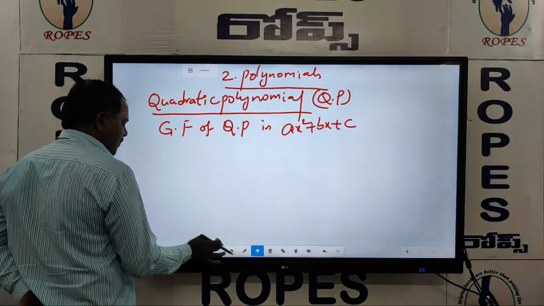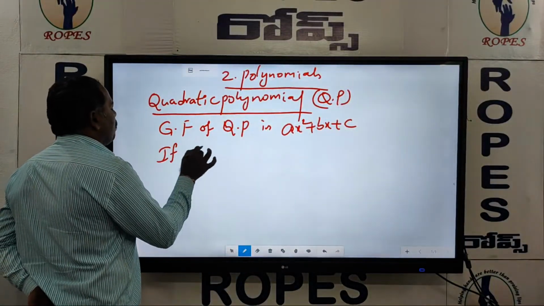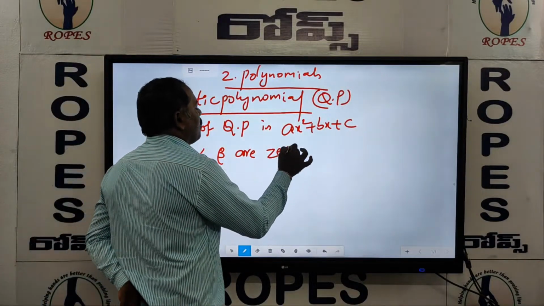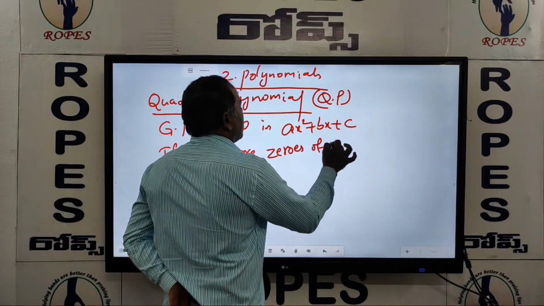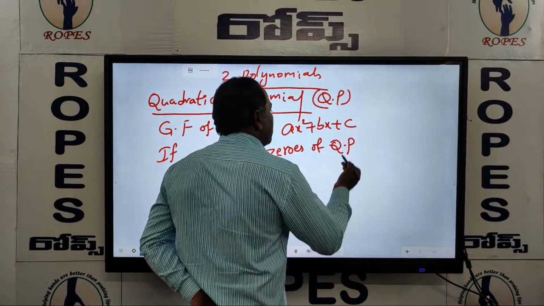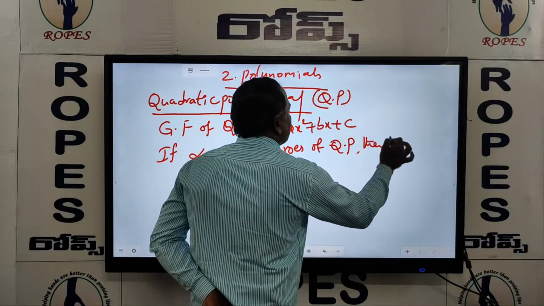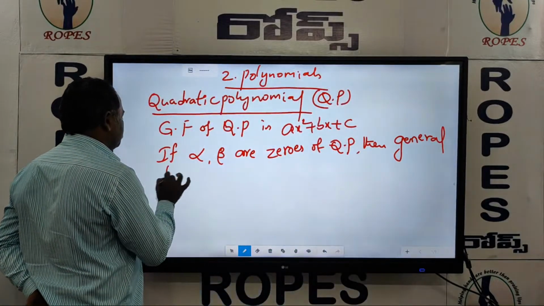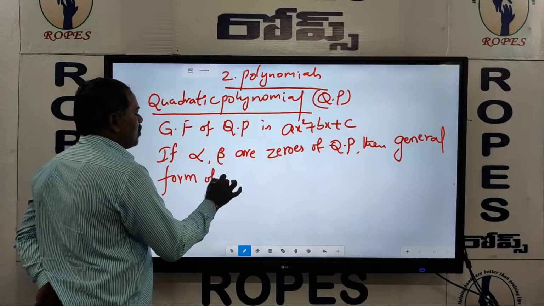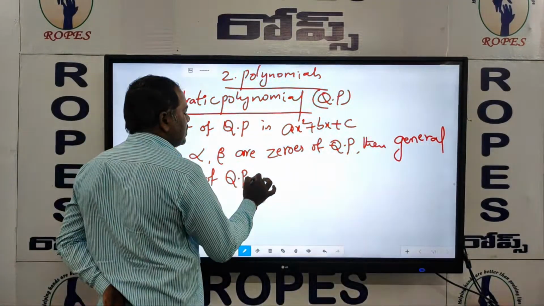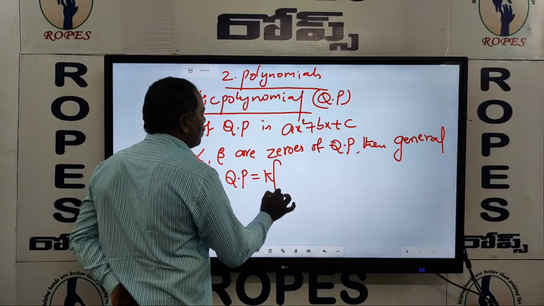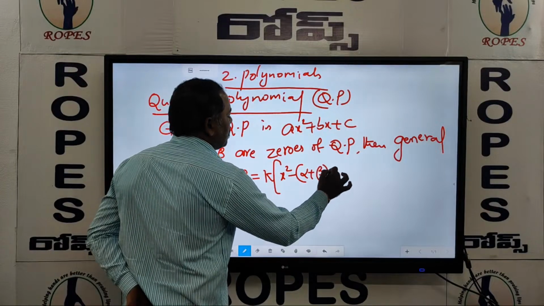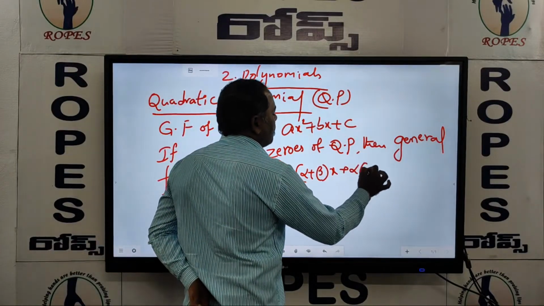See here, if alpha and beta are zeros of a quadratic polynomial, then the general form of the quadratic polynomial is k into x square minus of alpha plus beta into x plus alpha beta.